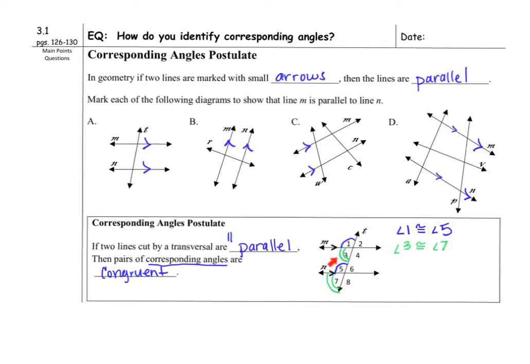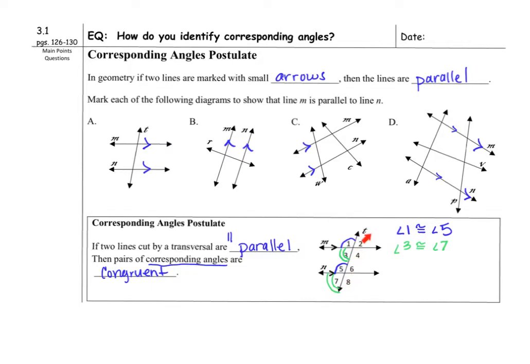Notice here that I used two arc marks on both angles 3 and 7. So when there's two arcs, that means that those two angles are congruent. Notice on angles 1 and 5, there's only one. So that's going to remind you that 1 and 5 are congruent and 3 and 7 are congruent.